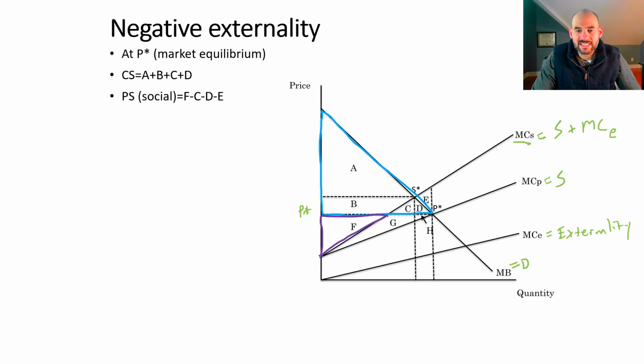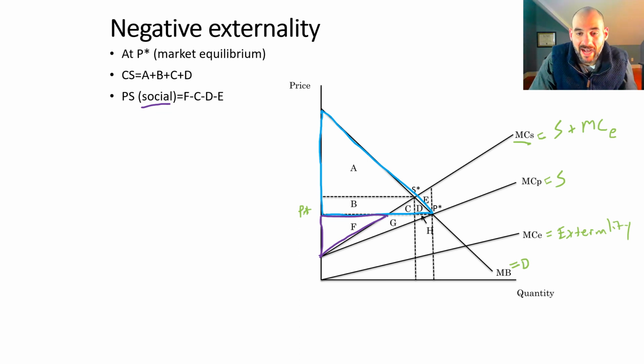So why isn't G part of producer surplus? Well, because that's only above that marginal private cost curve and not above the marginal social cost curve. And since it's not above the marginal cost curve that we're concerned about, then it's not part of producer surplus. So remember, above the relevant cost curve, below the price.